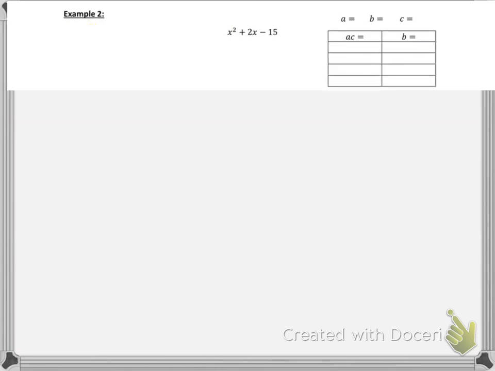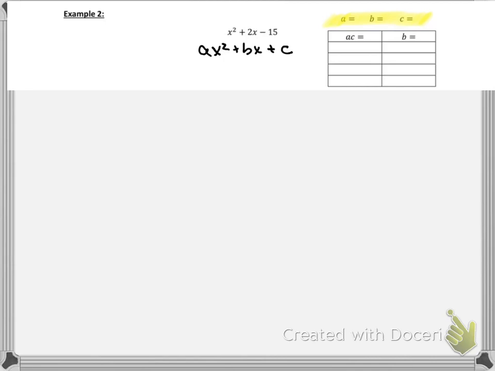We have x squared plus 2x minus 15. Again, our first step is always to identify a, b, and c, assuming that our expression is written in the form ax squared plus bx plus c. What is a here?